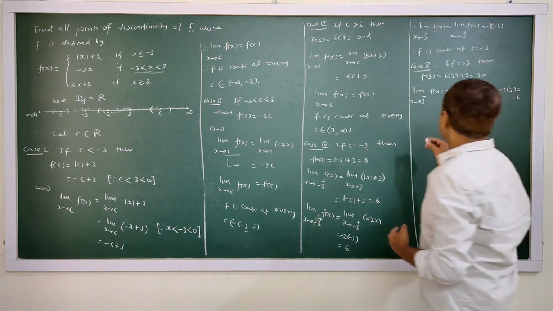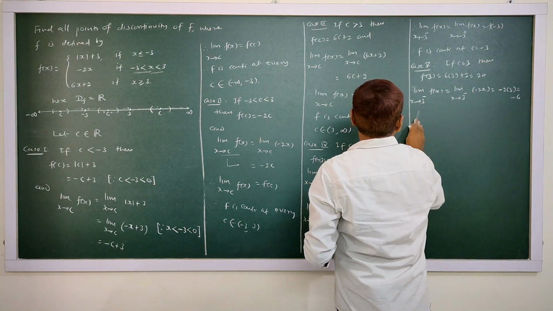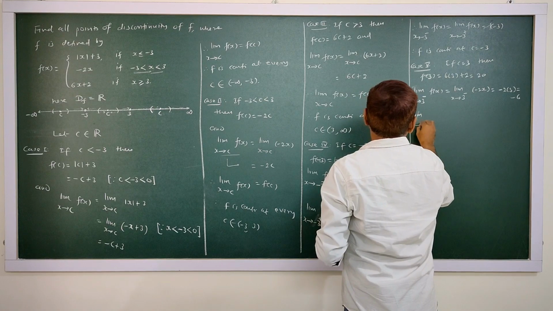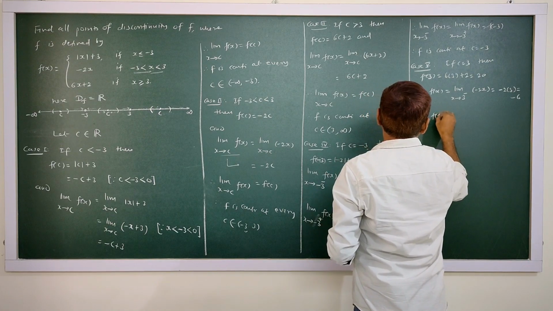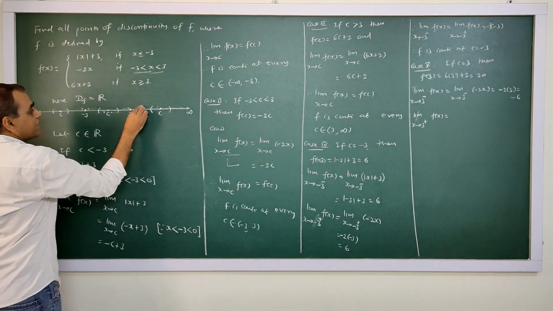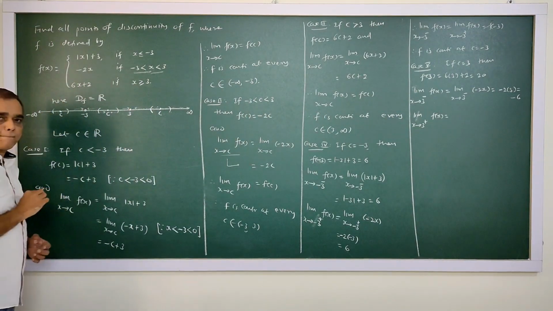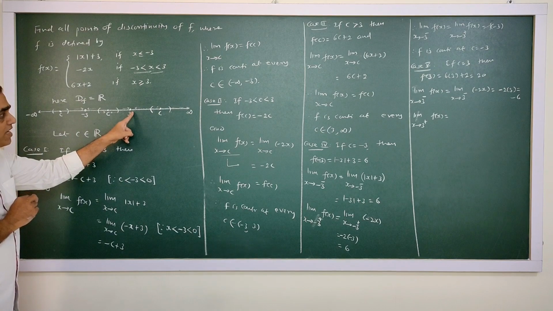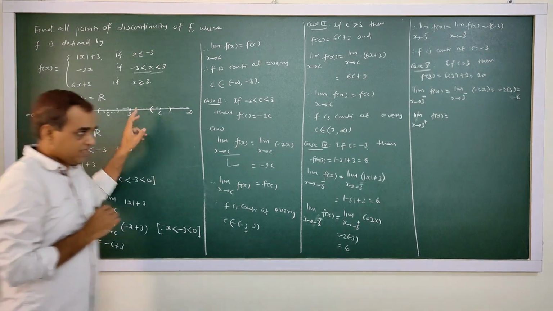Then we find the right hand limit. X tends to 3 from right side, so x will be more than 3.